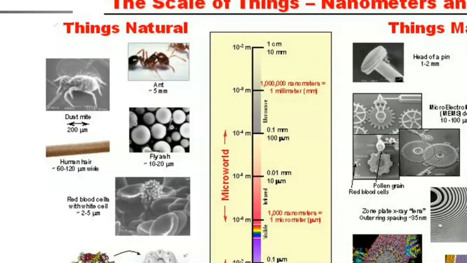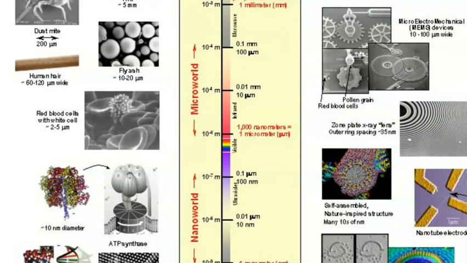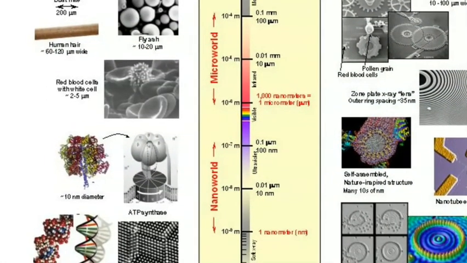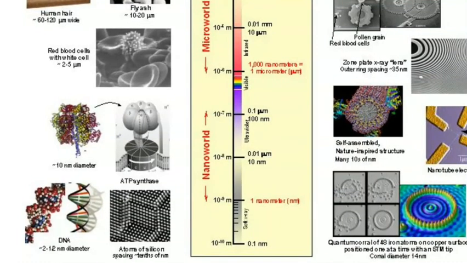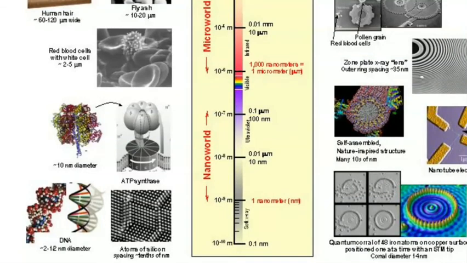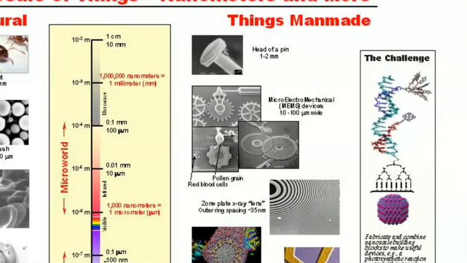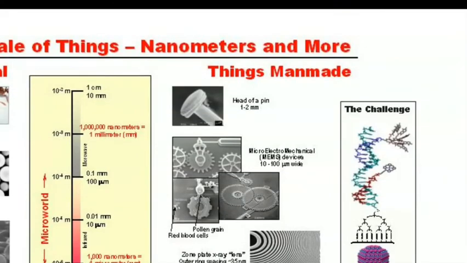The diameter of human hair is in the range of 60 to 120 micrometer, depending upon the person. Red blood cells are 2 to 5 micrometer. If you go down, the DNA is present in the range of 2 to 12 nanometer in diameter.